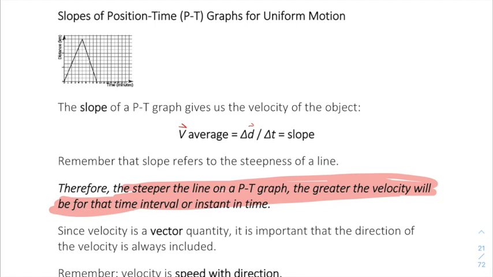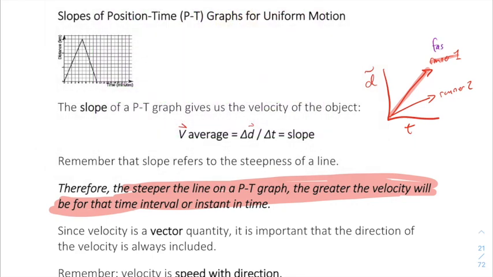So if I simply draw out a graph and I say, hey, it looks like this, and this is D, and this is T, and if you said like, hey, this is runner 1, and this is runner 2, which one is the faster runner? Well, this is a steeper line, so this is a faster runner.